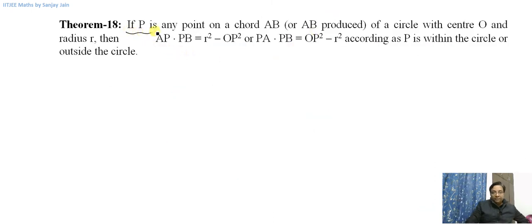Now look at one more thing. If P is any point on the chord AB or AB produced of a circle with center O and radius R, then these two results will follow.